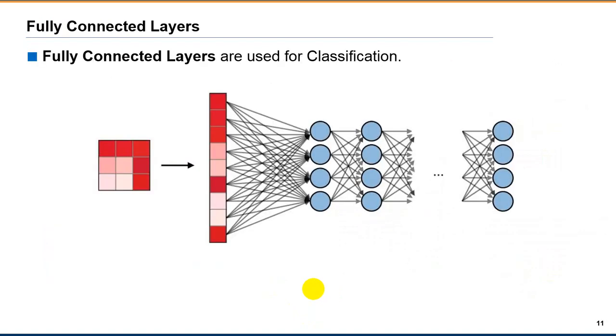A fully connected layer is mostly used for classification, because in convolution layers we obtain the features, and we use these features in the fully connected layers to decide to which class our input object is related.